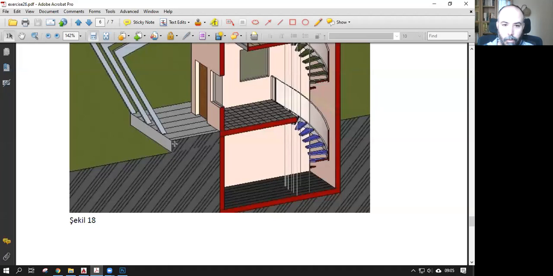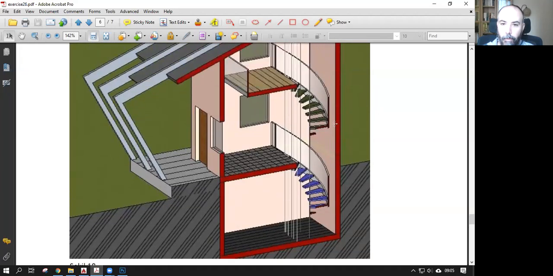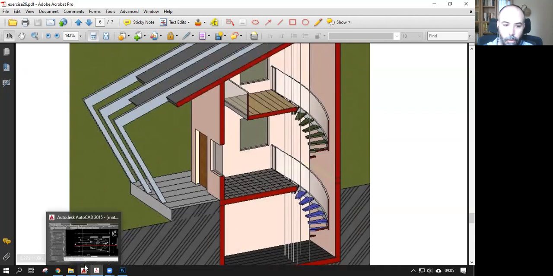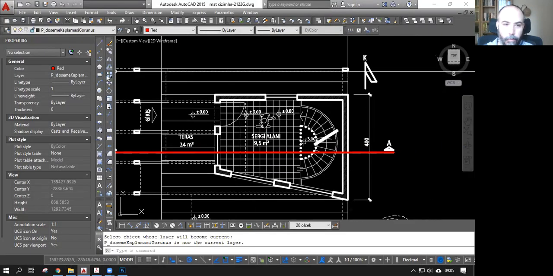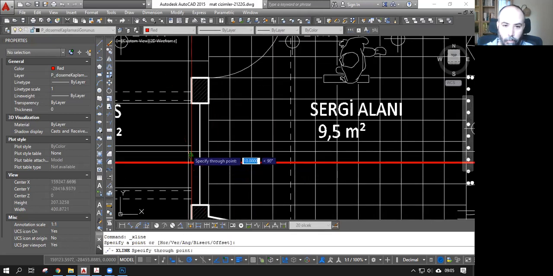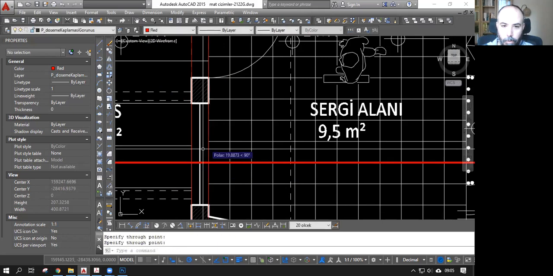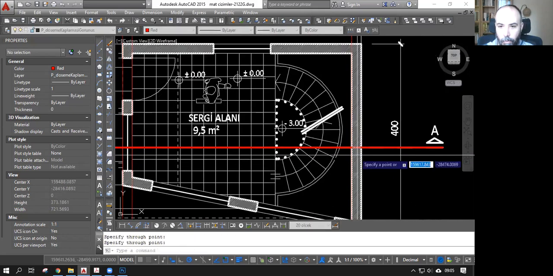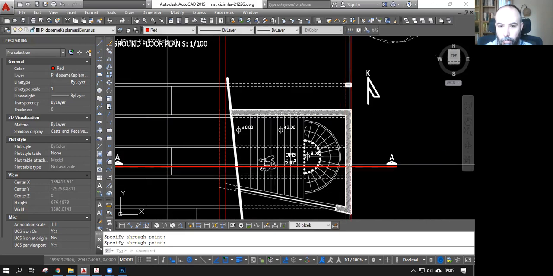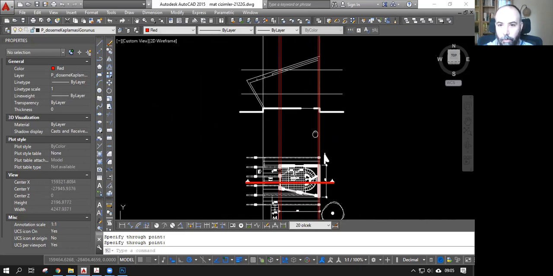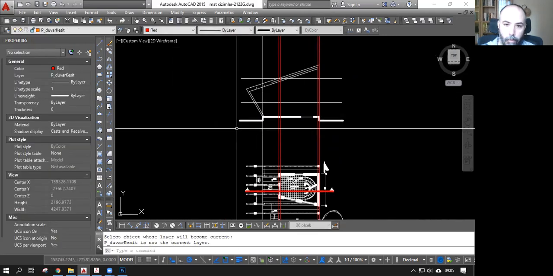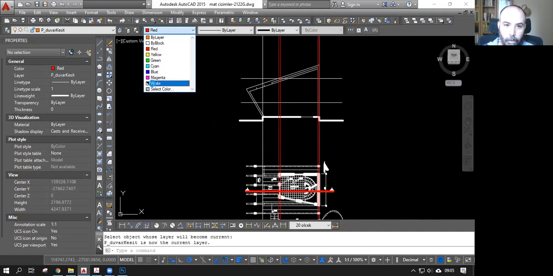Since I did these, now I can do the section of the wall here and this one here with the basement floor. So I'm going to transfer the position of the wall up to my section, and this one as well. These are the same walls, both in the first floor, ground floor, and the basement floor. So I will have those walls in section.